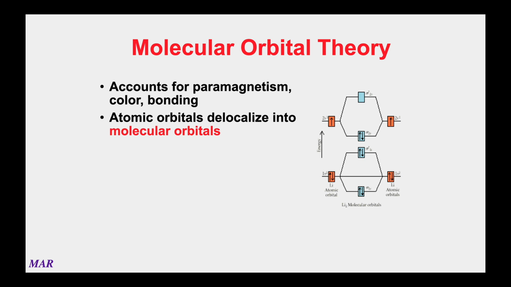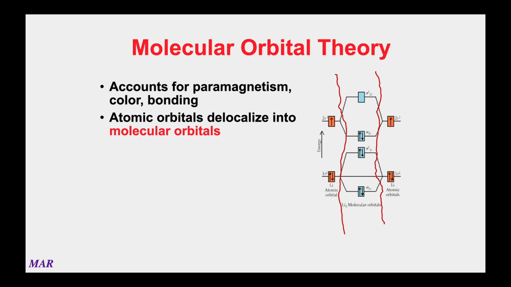In the diagram on the far left, the orange orbitals are the 1s2, 2s1 atomic electron configuration for lithium. So the left-hand two orbitals are just a lithium atom. And on the far right, you have another set of lithium atomic orbitals, another 1s2, 2s1.